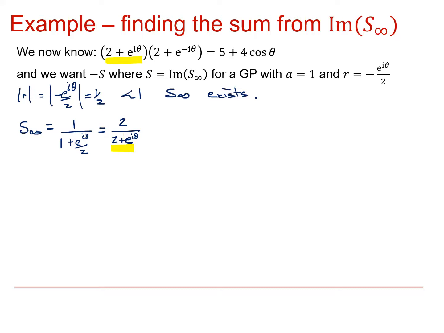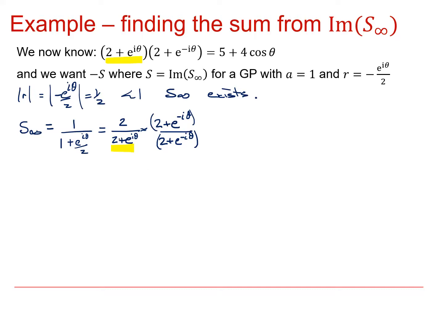So what I'm going to do is put in a factor of 2 plus e to the minus I theta, and I'm going to put that in top and bottom, so it has no overall effect.